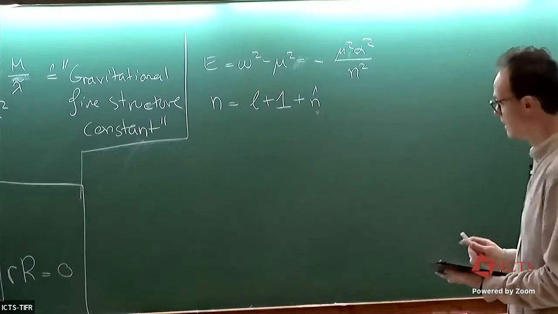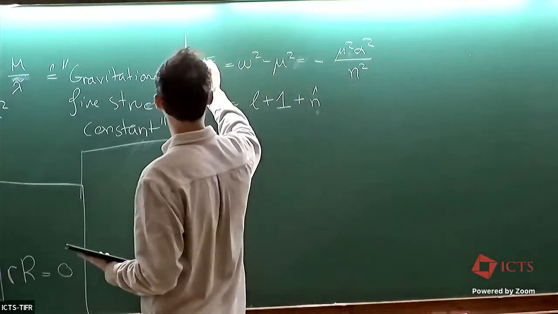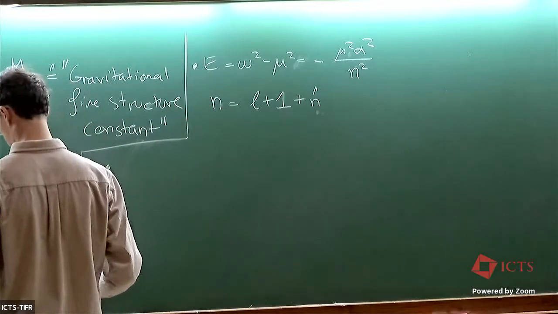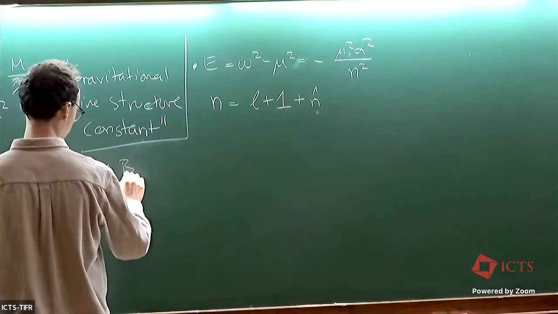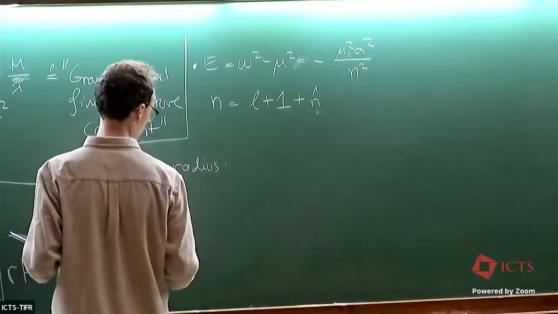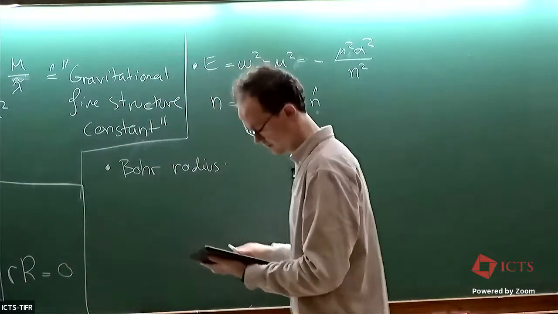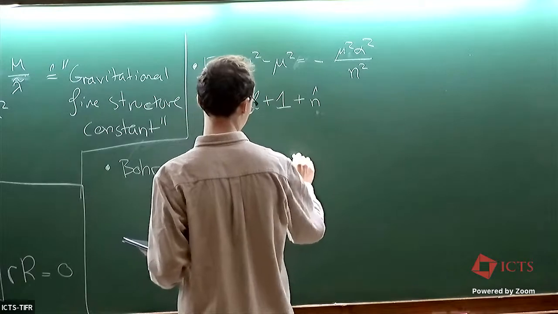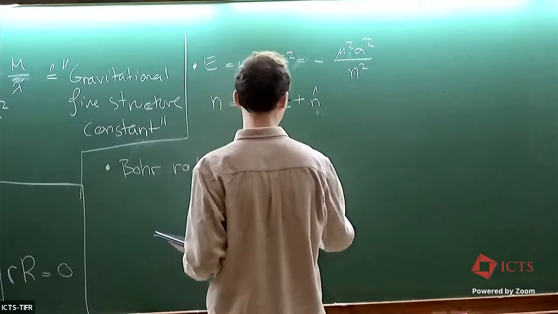Okay. Then I'm going to define the Bohr radius. So you see the terminology just carries over. The Bohr radius, a Bohr, I'm going to define as 1 over alpha times mu.